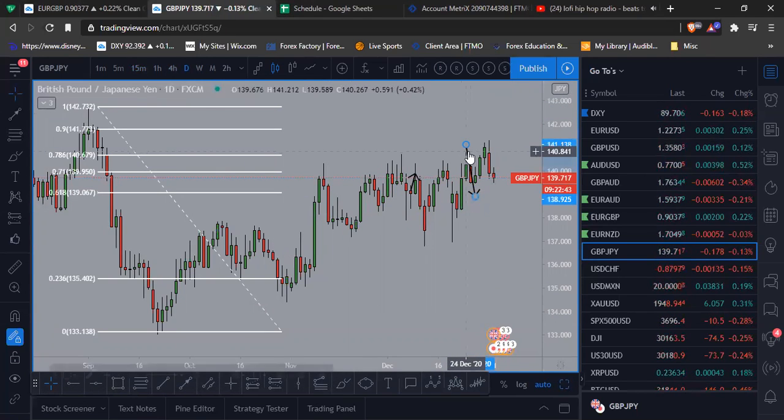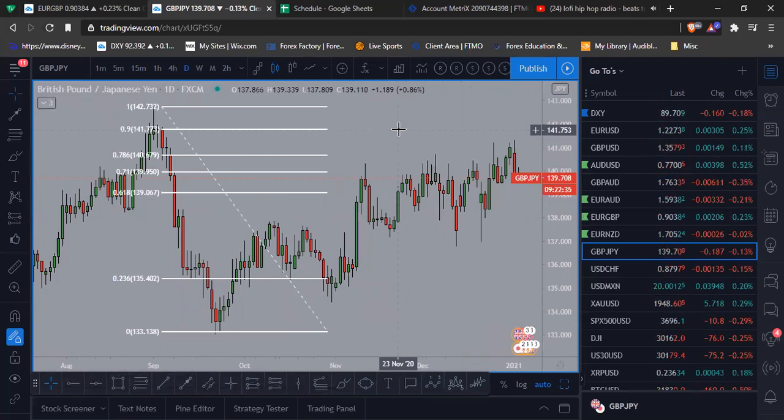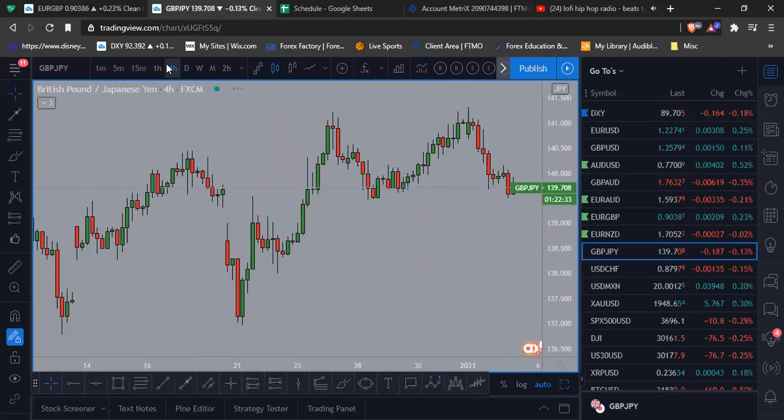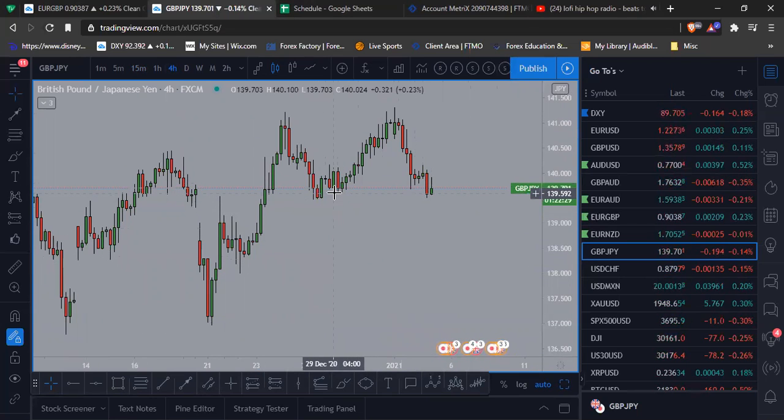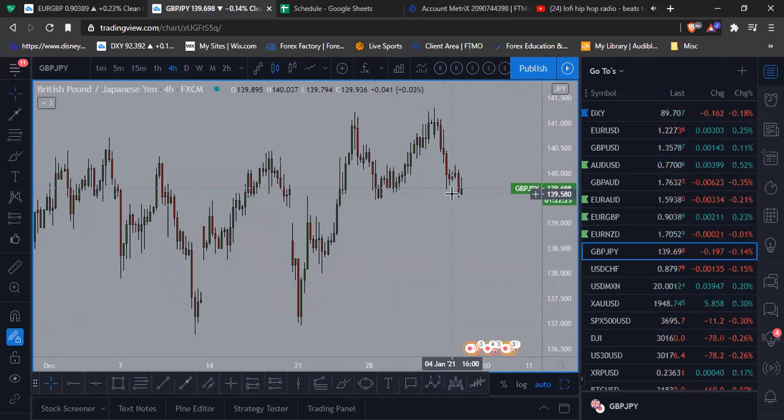But again, still have my bearish bias. I still feel like it's gonna go bearish, but with all that's been going on, I'm just like, you know what? I don't even want to trade it right now until I get some better direction with it. So it's still holding at these lows, but I think that these lows are gonna get broken and it's gonna push to the downside.